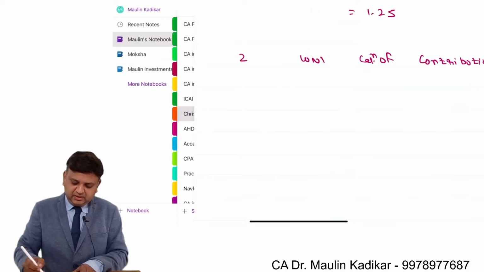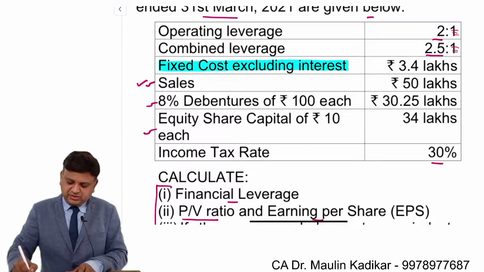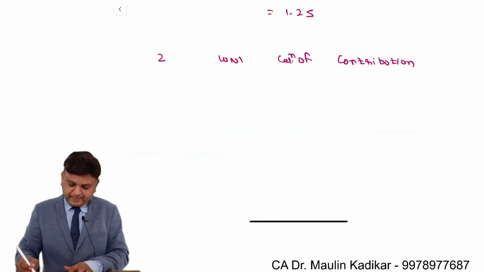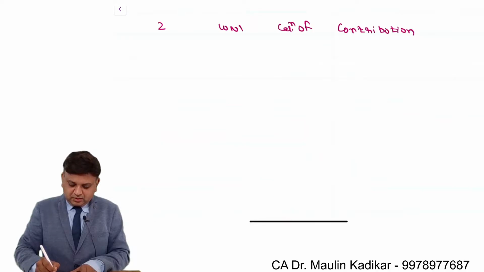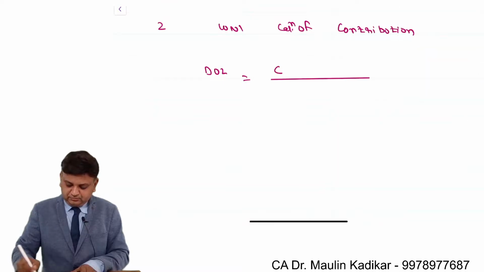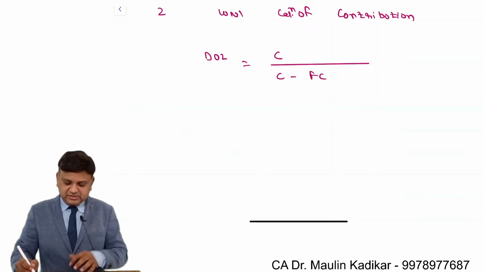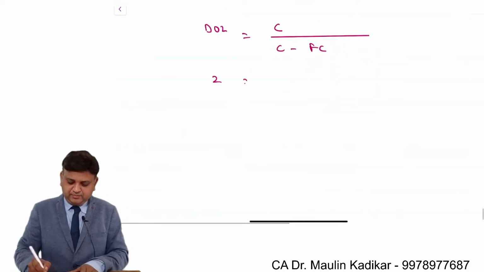Because friends, you can see that the fixed cost information is provided to us, and we have been given DOL, degree of operating leverage. So degree of operating leverage is equal to contribution upon EBIT. This is the formula that we apply, that is contribution minus fixed cost. What is DOL? It is 2. What is contribution? Let us assign x variable to it.